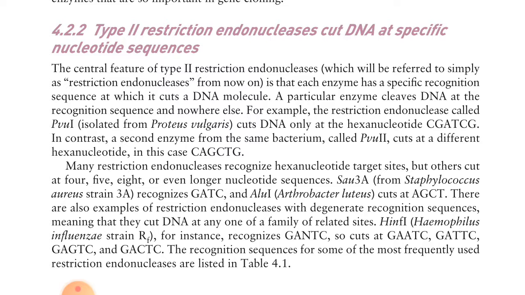They cut at that specific DNA sequence. For example, PvuII cuts at a hexanucleotide, means whenever they see this sequence CAGCTG, they will cut there only, not at any other places.